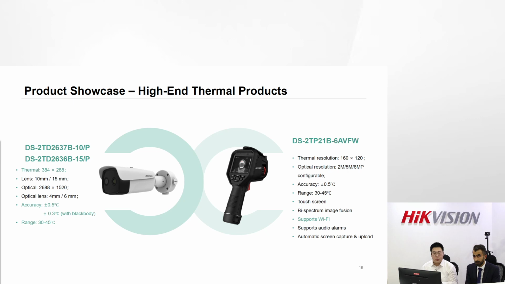The accuracy of our handheld camera can also reach plus or minus 0.5 degrees Celsius. Besides this, it supports Wi-Fi as we talked about before, supports audio alarms, and has a friendly touch screen for our customers and end users to operate.